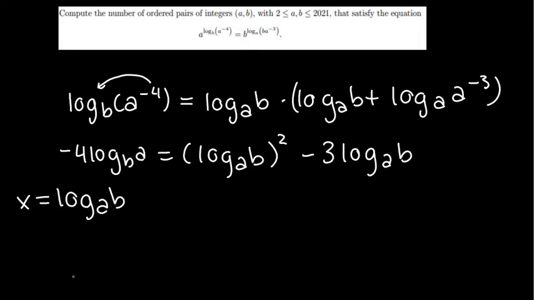Let's write this in quadratic form: x squared minus 3x plus 4 over x is equal to 0, after transferring to the right-hand side. Then we multiply everything by x once again, so we get x cubed minus 3x squared plus 4 is equal to 0.